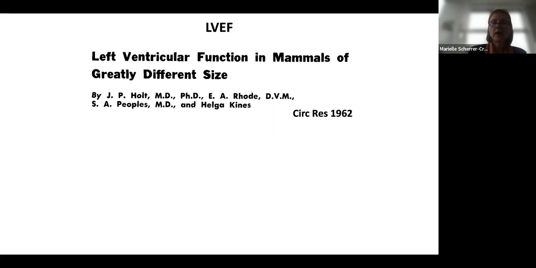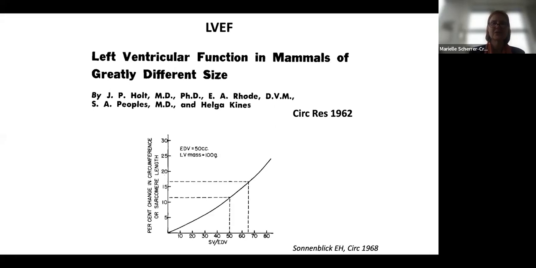And I'd like to go back to the concept of how to explore systolic cardiac function in humans and in animals. And the idea of the LVEF that has been much maligned, but is still a huge prognostic factor, of course.